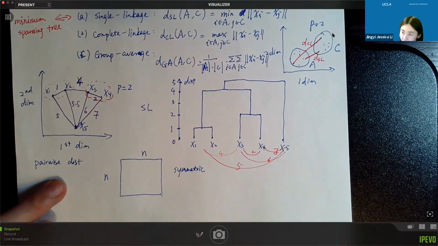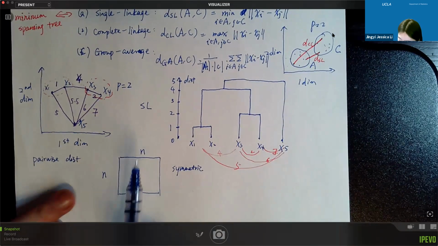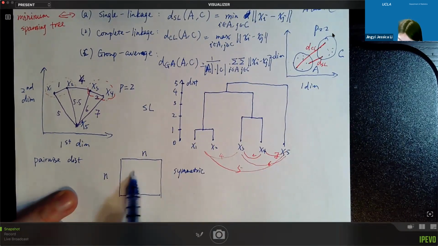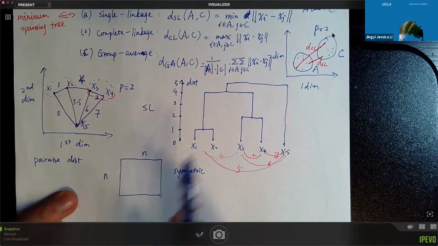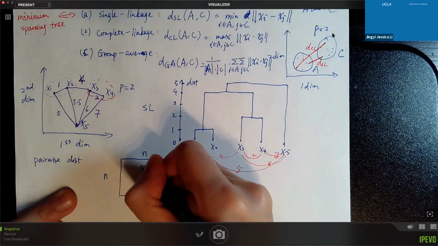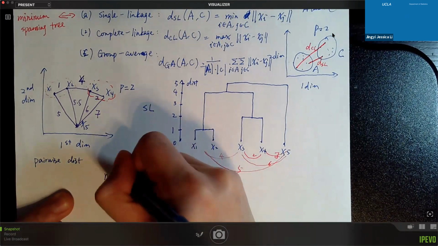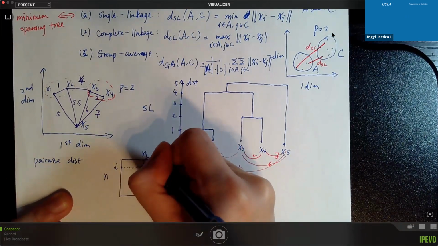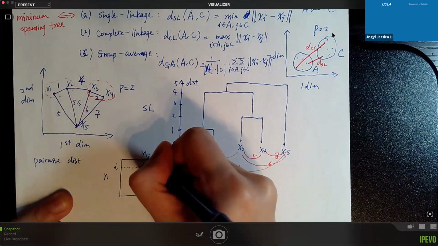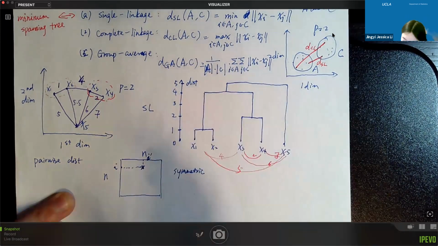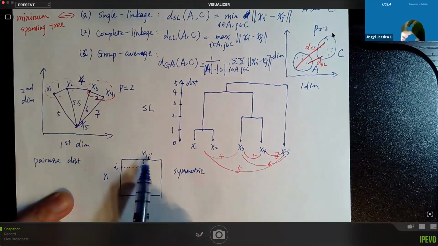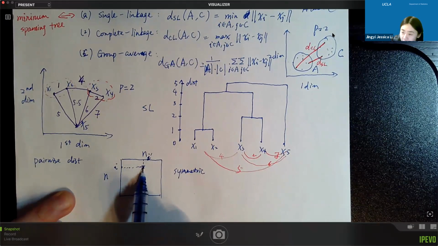So once you pick the minimum entry here, you find the corresponding i and i prime, the 2 data points that are closest to each other. Then you're going to stack or reduce them into one row.